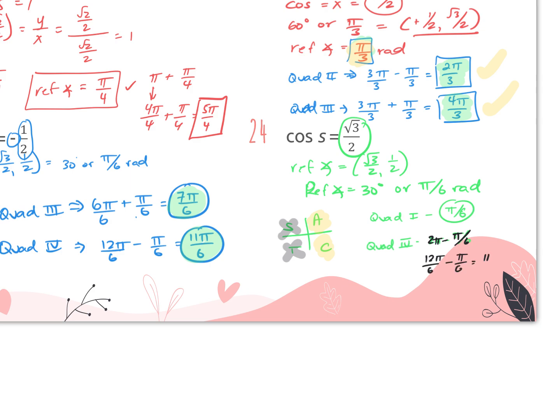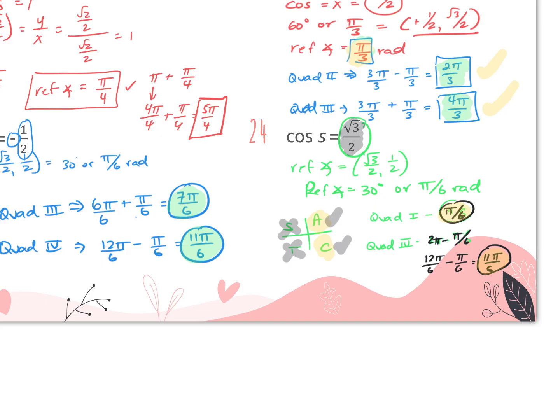And so again, 11 pi over 6 is the answer for this one. So this one is pi over 6, and those are my two solutions for this last problem. What we're saying is that in quadrant 1, pi over 6 has a cosine of radical 3 over 2, and in quadrant 4, 11 pi over 6 has a cosine of radical 3 over 2.